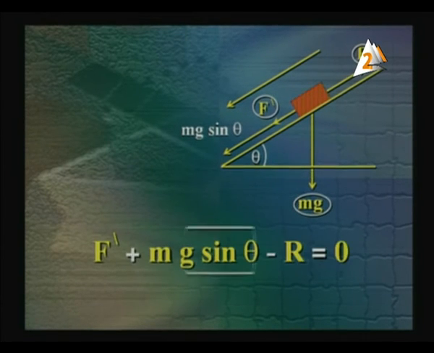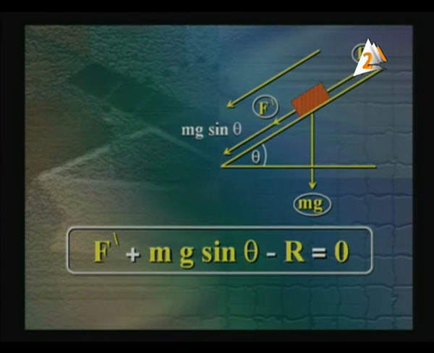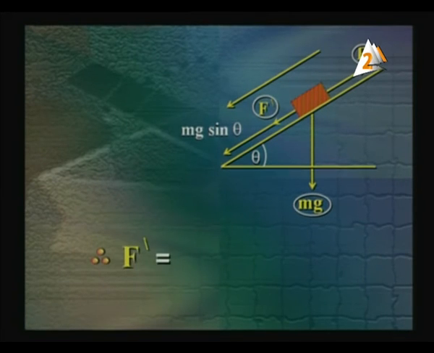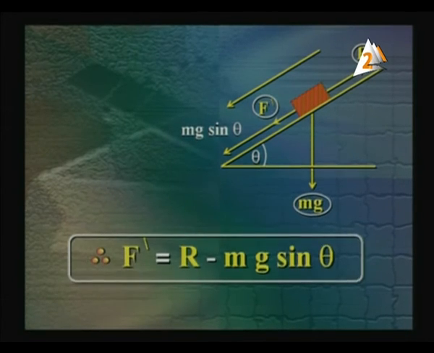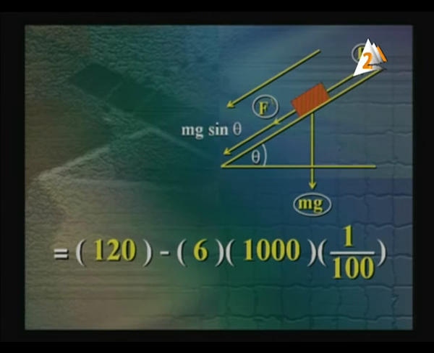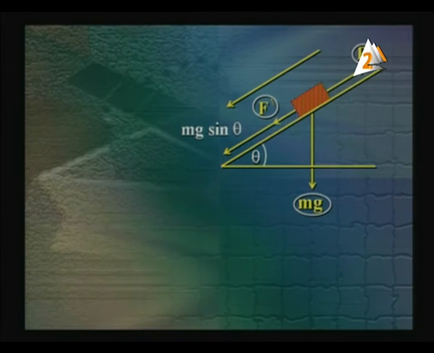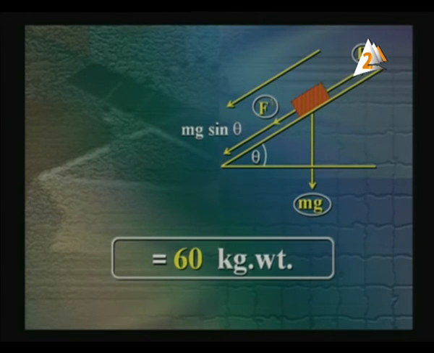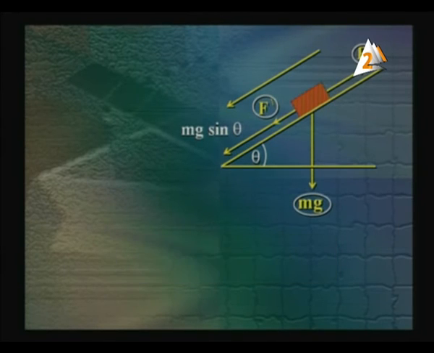As second case, in the case of descending, the equation of motion is given by F dash plus mg sine theta minus R equal ma, or 0, because the acceleration equals 0. So F dash equal R minus mg sine theta, by substituting 120 minus 6 times 1000 times 1 over 100, or equal 60 kilogram weight.